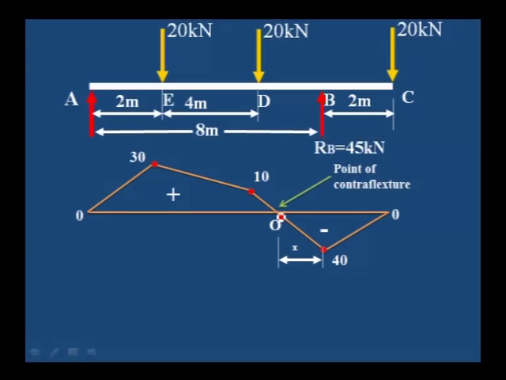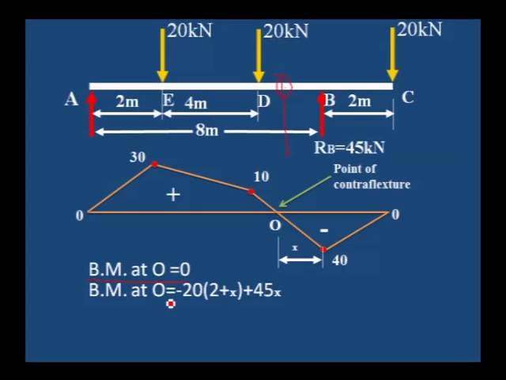That is, bending moment is equal to 0 at this point, at a distance of x from B. We mark this as the O point, where bending moment is 0. We have to take the moment about this point, right side or left side.